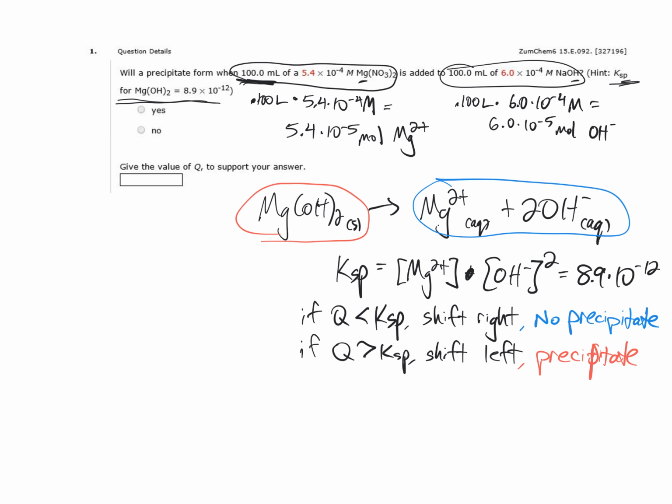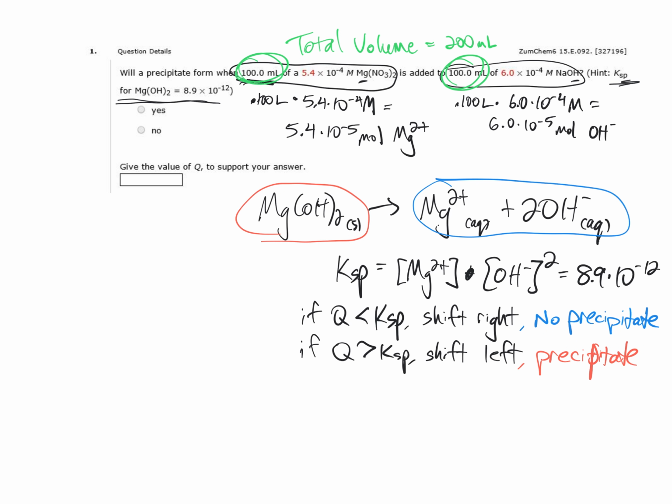In order to find their initial concentrations, we would have to divide by the total volume. You can always presume, unless told otherwise, that the volumes of two solutions being mixed together can be added to get the total volume. In other words, volumes are additive. They can be added together to get the total.